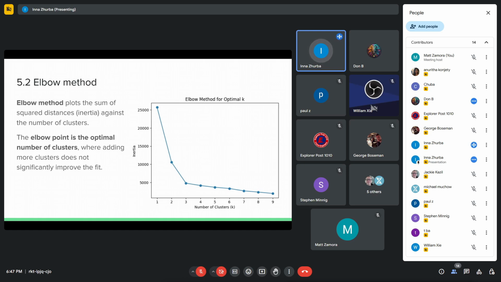It plots the sum of squared distances, also called inertia, which measures how far data points are from the centroid of their assigned cluster. And lower inertia means better clustering, as points are closer to their cluster center.